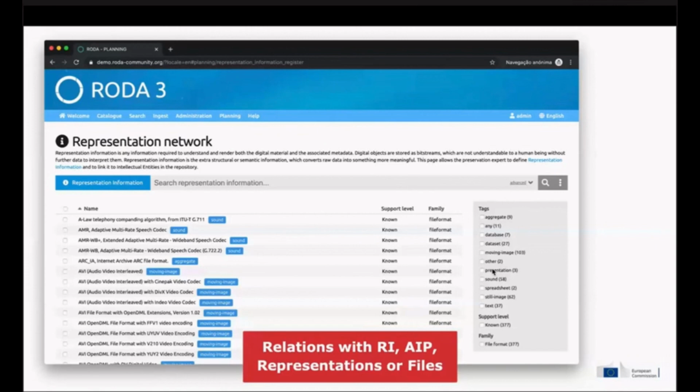So if viewers or editors or tools that allow us to render and see a PDF file, if every single tool and viewer goes away, we still have the documentation about how to interpret the file. This is the main goal of the representation network: to collect information about things.